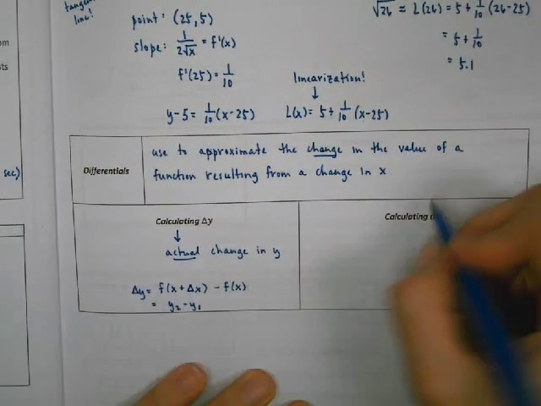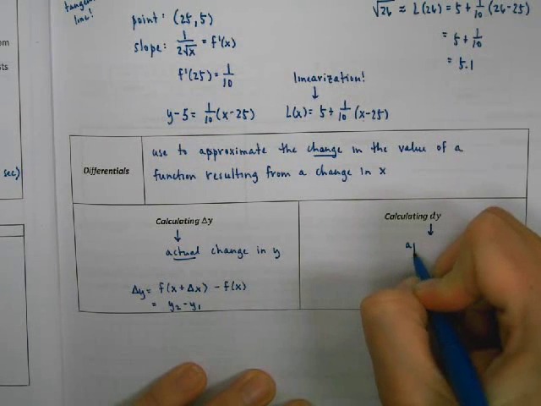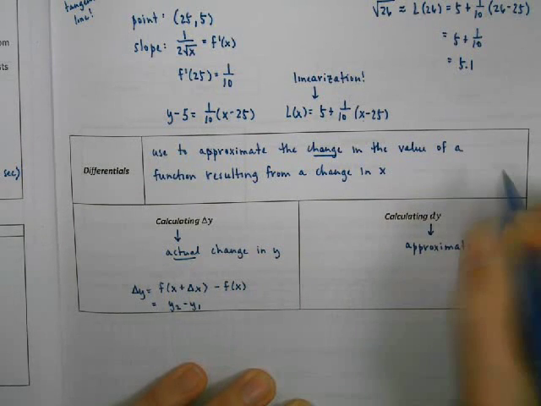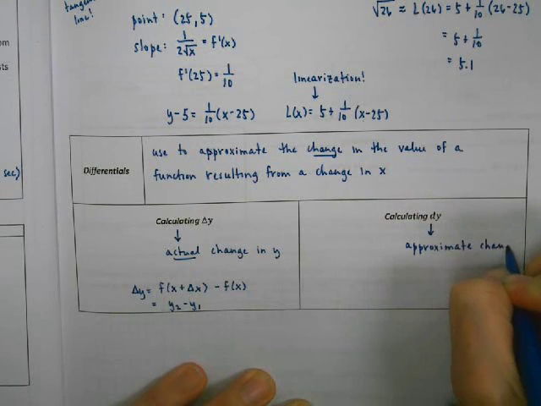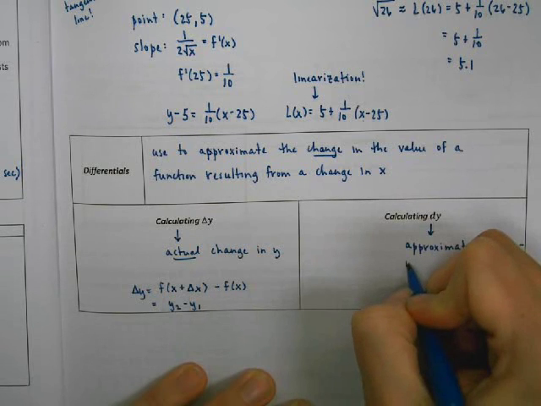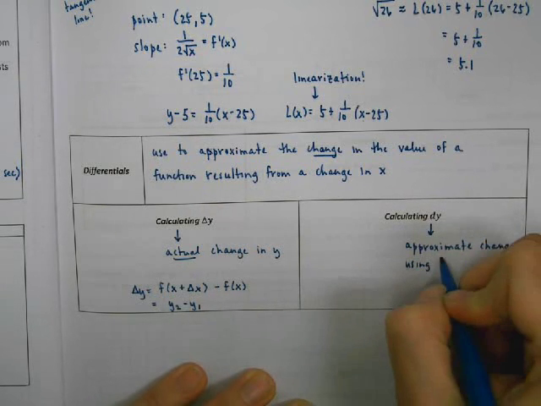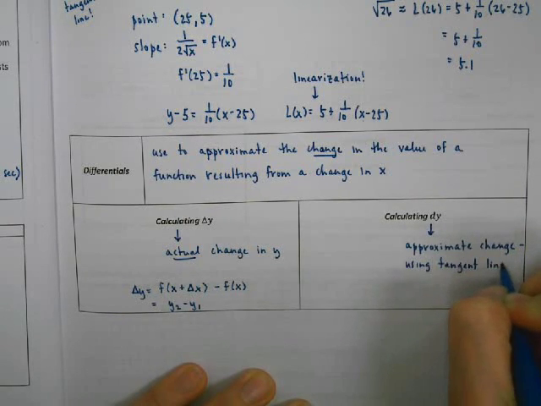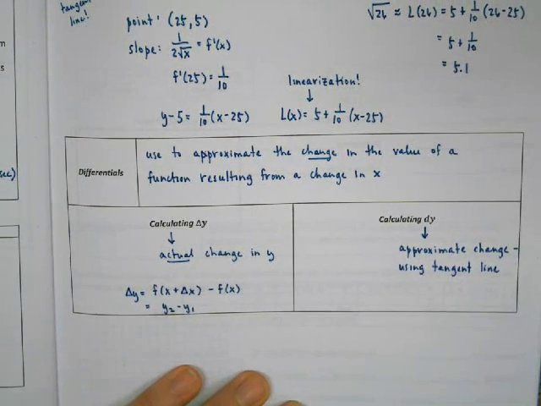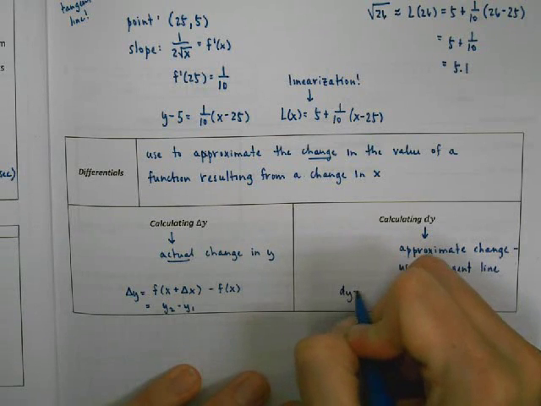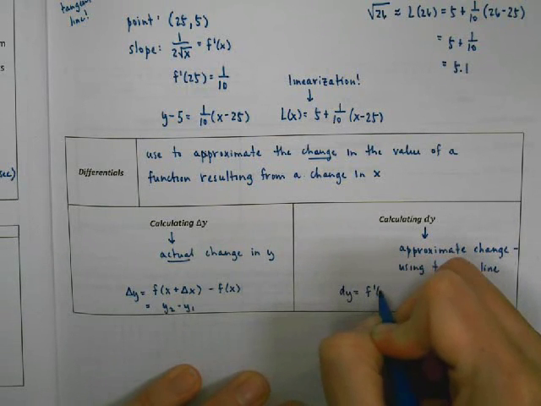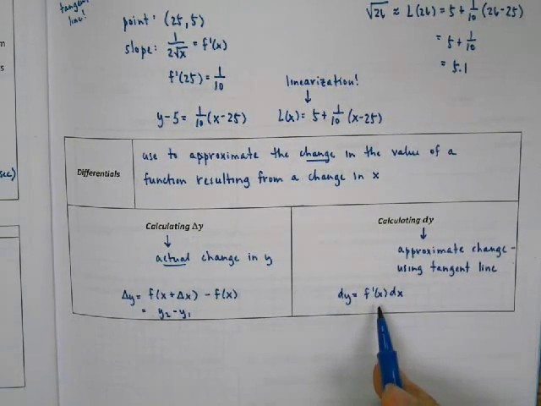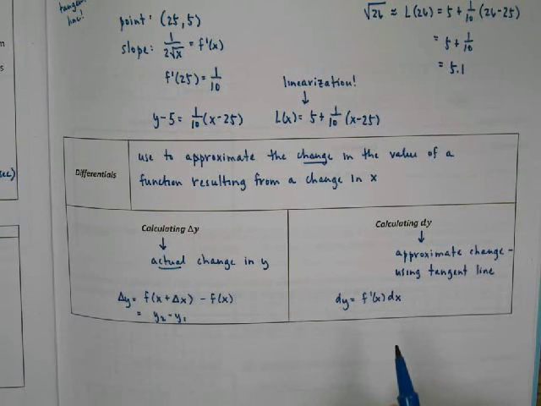Now dy, right, this is our approximated change. And this uses the tangent line. And our equation for that, for dy, remember, was f prime of x times dx. And to calculate that, we would be given the x and the change in x.